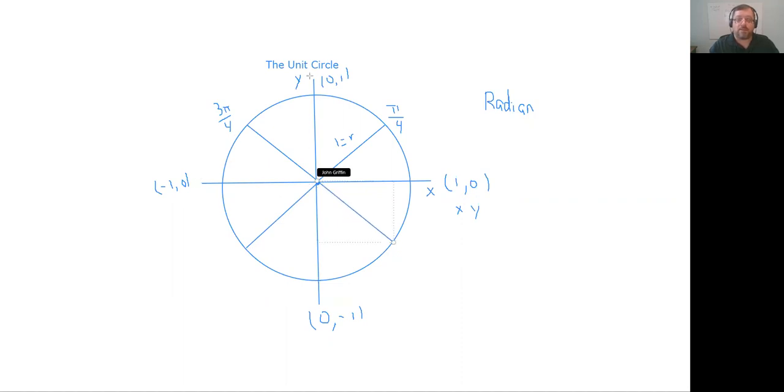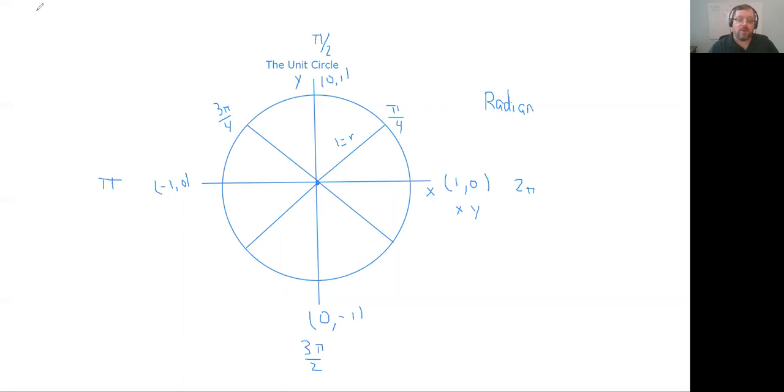If I know that this is pi, and I know this is pi over 2, you see these are going up by 1/4, right? 1/4 makes a half. 3 pi over 4. This one here is 3 pi over 2. This one here is 2 pi. You see how we're going around a circle.